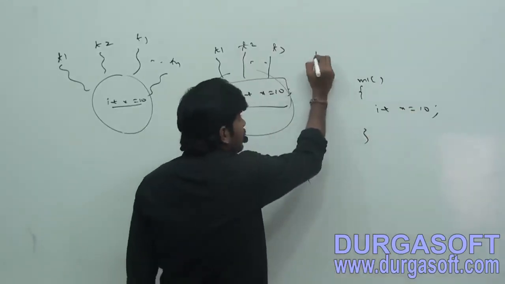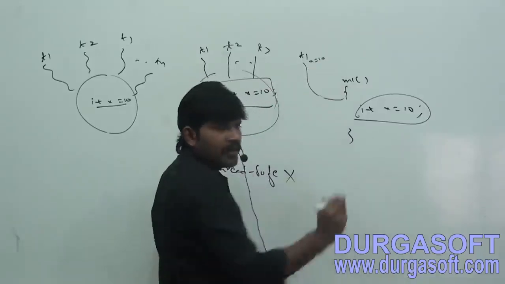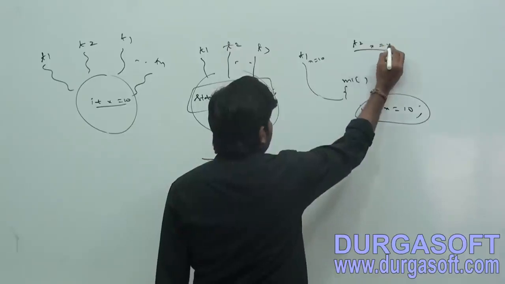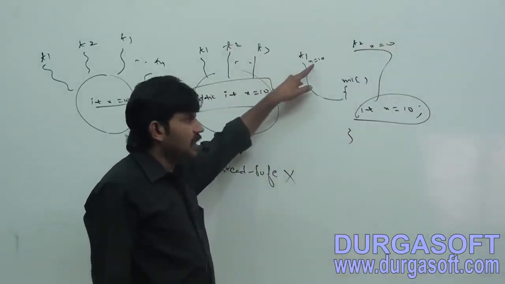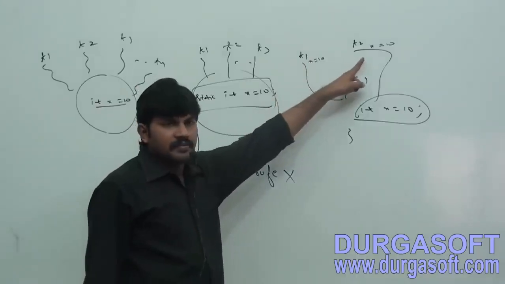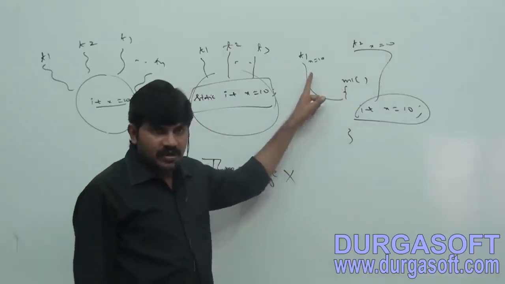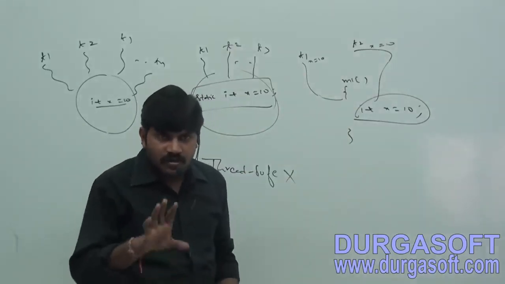For every thread, a separate copy of the local variable will be created. That's why any modification performed by one thread won't be reflected in another. So local variables are thread safe.